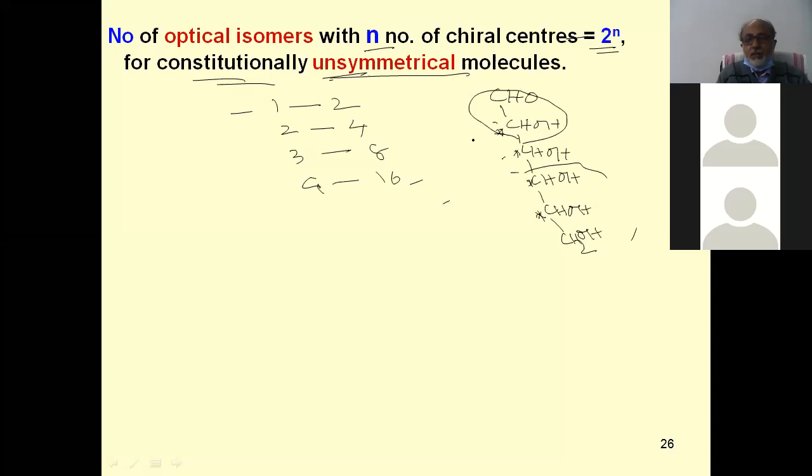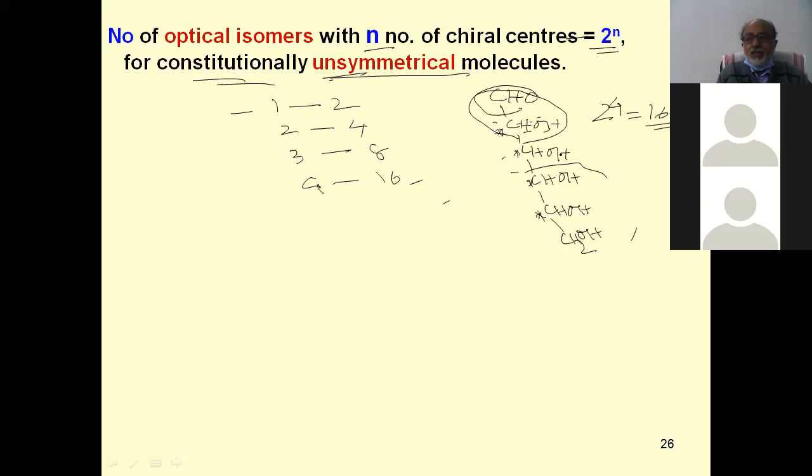If it is unsymmetrical, then this formula will hold good. So this is bonded to H, OH, CHO, and this group, which is different from the other. So the total number of isomers will be 2 to the power 4, that means 16.